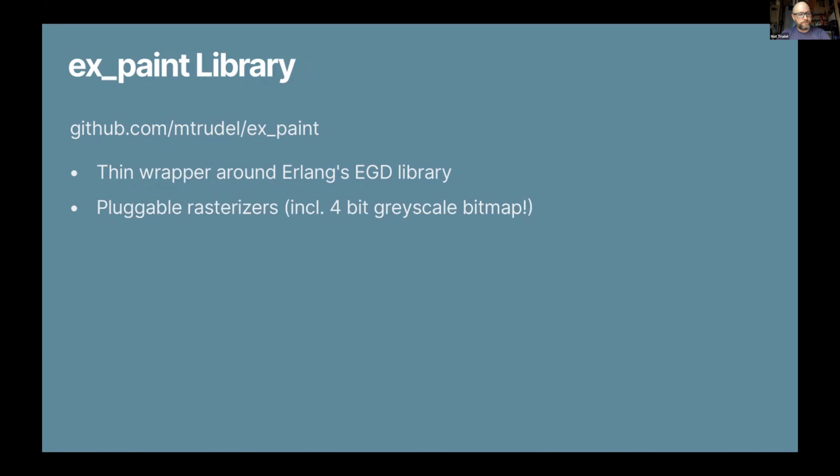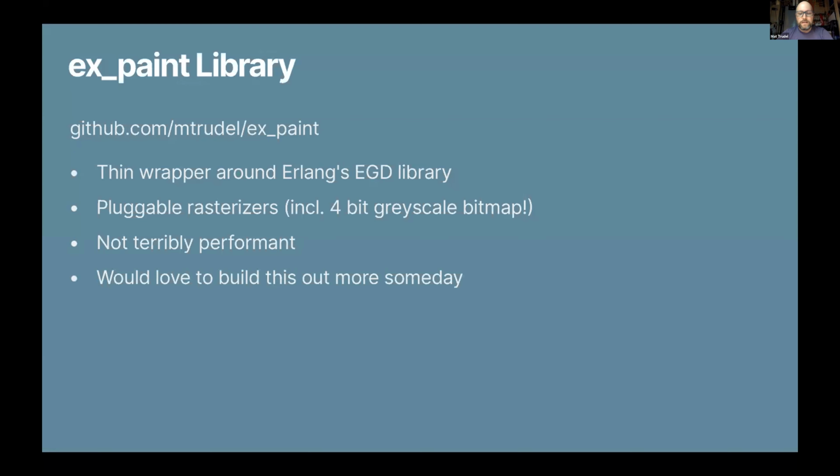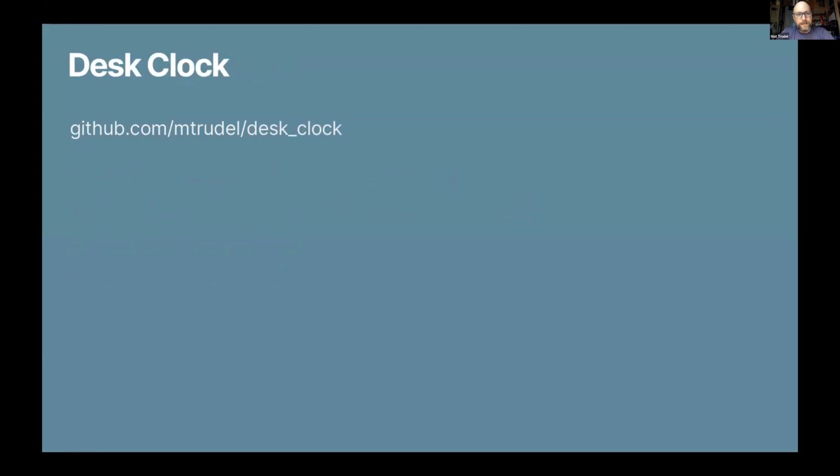It can render out to a few other formats, inline iTerm, which is kind of neat if you're an iTerm user, and also to that same 4-bit grayscale format that these devices use. It's really not terribly performant. It's literally about 50 lines that just wraps the EGD library in a tiny bit just to manage the state. I think this would be a really neat library to have, a very simple bit of graphics primitives in Elixir, but I don't really have time for it. But it'd be fun to build on.